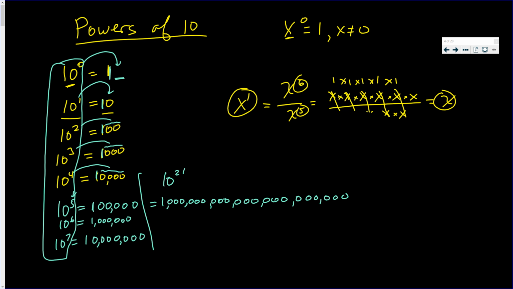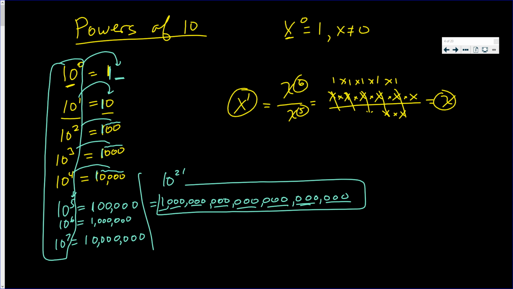It's that number. Don't ask me how to read that. This is ones, this is thousands, millions, billions, trillions. I don't know what the next three are called. But that's what 10 to the 21 equals. If they say write 10 to the 21 in long form, here it is. 1 followed by 21 zeros.